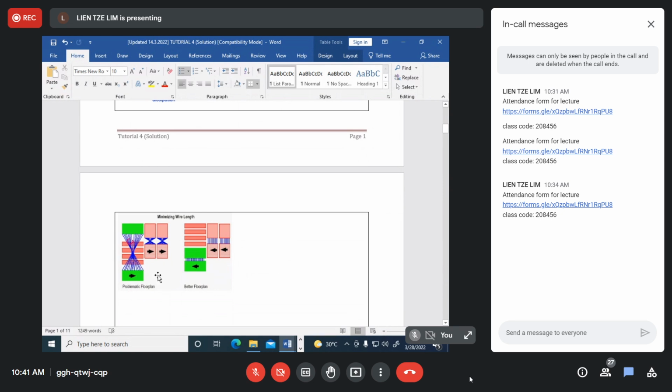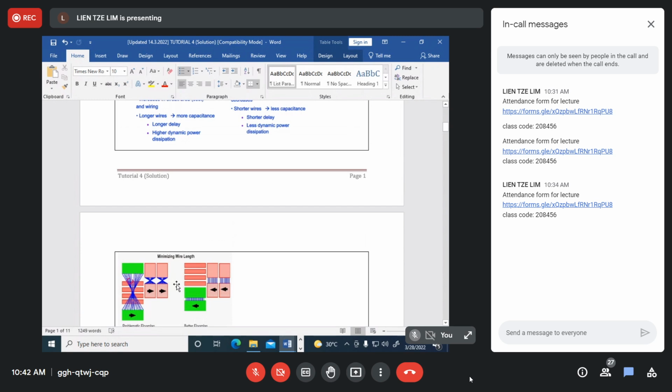There are two floor plans here. One is a problematic floor plan, another one is a better floor plan. These two floor plans we can compare, and then we can illustrate what the differences are. This one is already given to you, you just need to revise it.